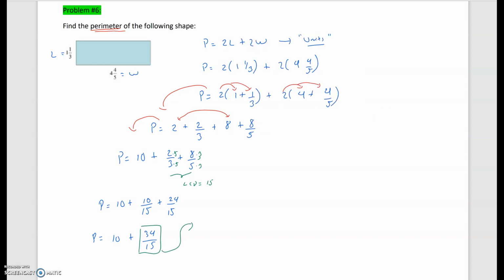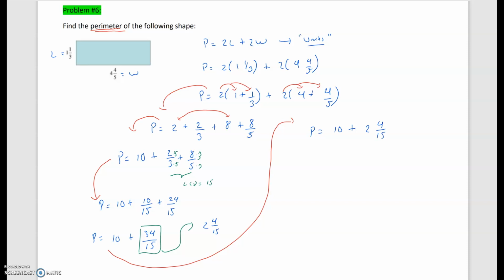So this is going to be technically 2 and 4/15. So the actual evaluation leads us to the following. So we're looking at the values of P, which is equal to 10 plus technically 2 and 4/15.